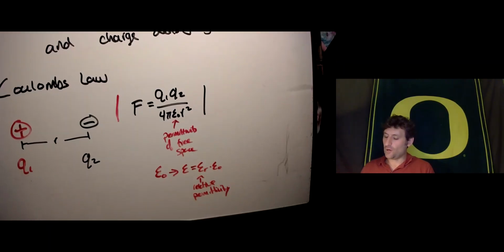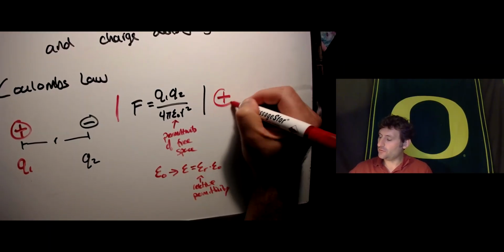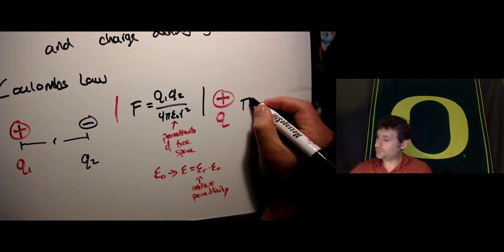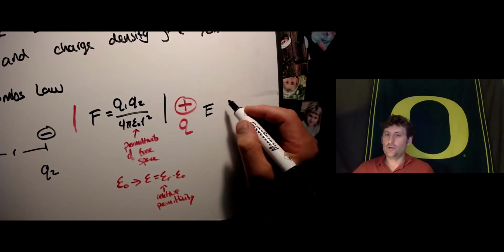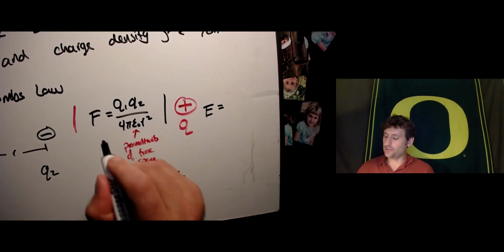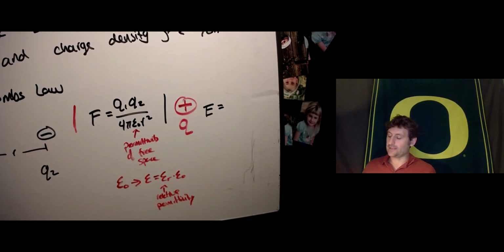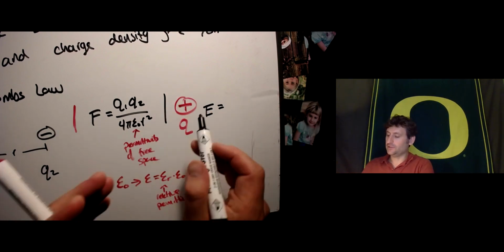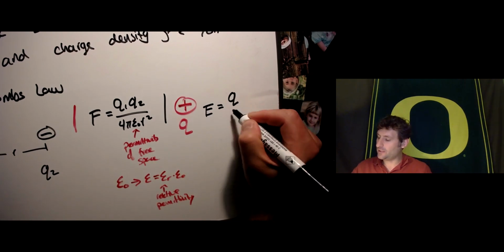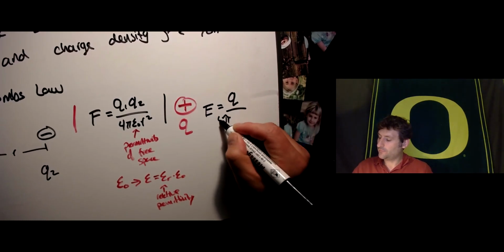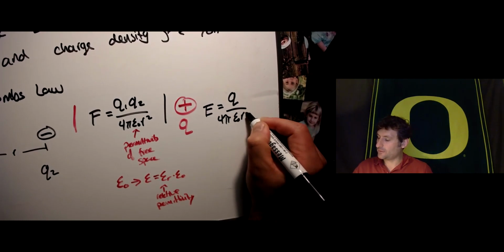Similarly, I can say, well, what if I just have a charge Q? The field due to Q is just going to be the force divided by the second charge. So I could treat Q2 as a test charge, divide the force Q2 would feel in the field of Q1, and I just get Q over 4 pi epsilon naught r squared.